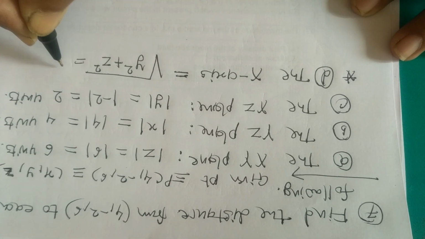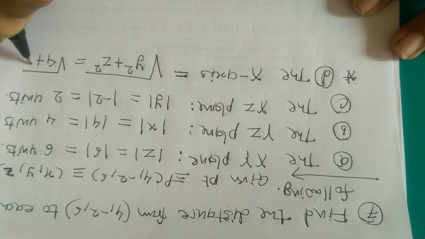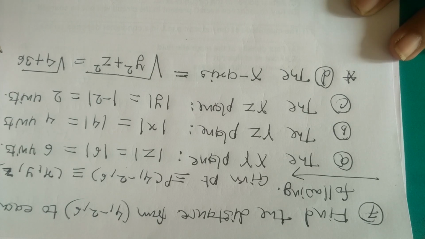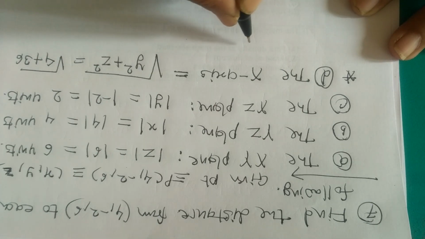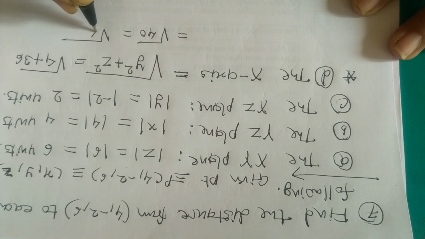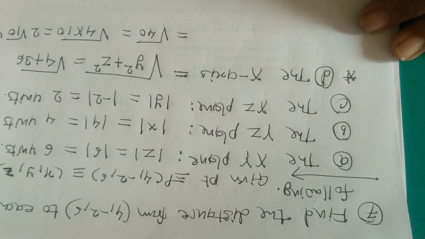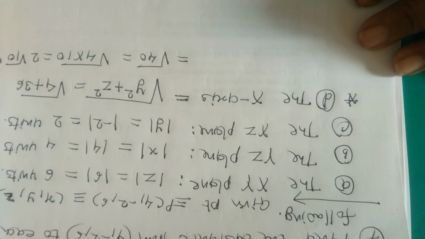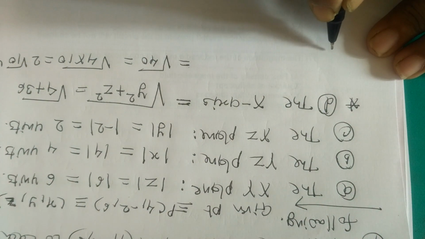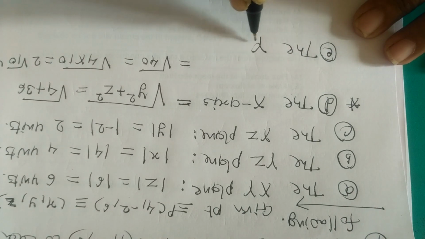So y square is -2 square, means 4, and z square, that is 6 square, is 36, so the value becomes under root 40. You may write this as 4 times 10, so it is 2 times root 10 units. As per the concept of distance, all these values are nothing but the distances measured from the corresponding axis.